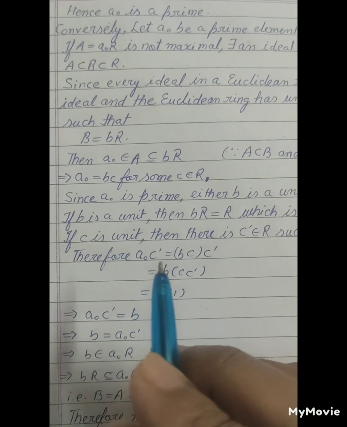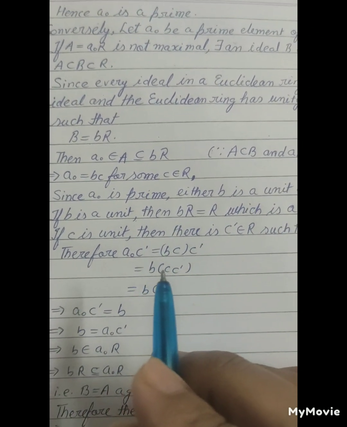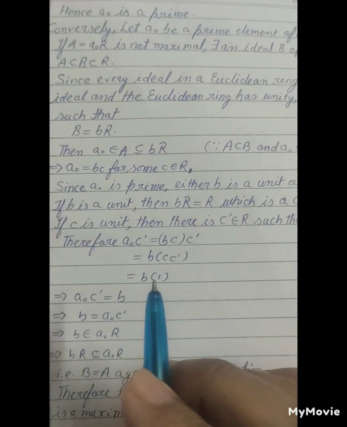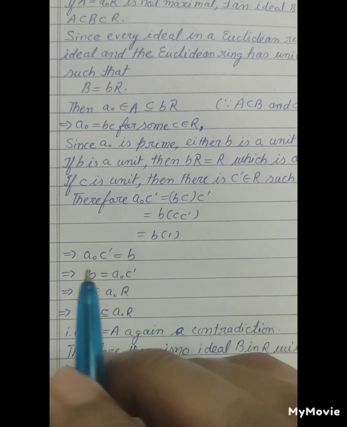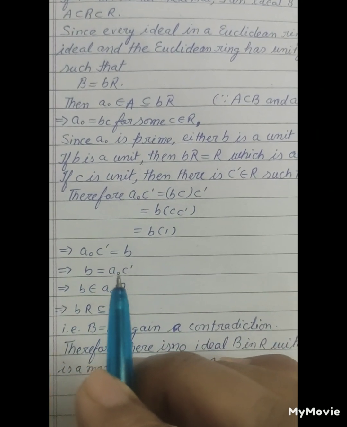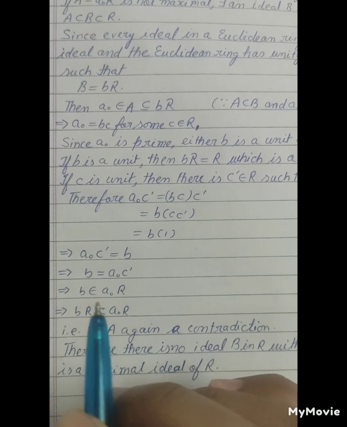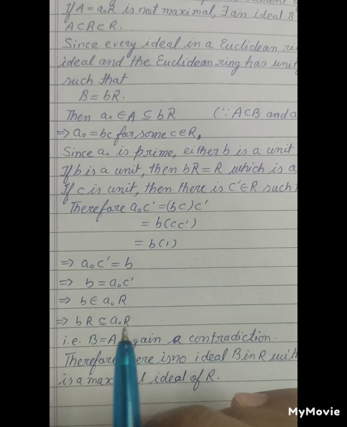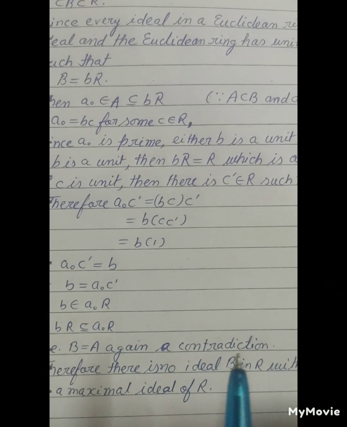Therefore a0c' equals bcc' equals b times 1, which implies a0c' equals b, which implies b belongs to a0R, which implies bR is contained in a0R, that is B equals A, again a contradiction.